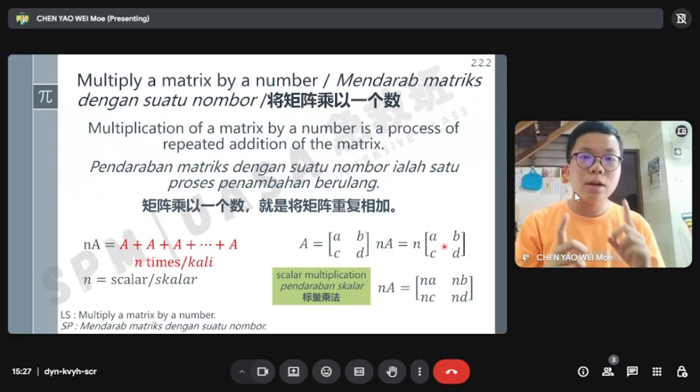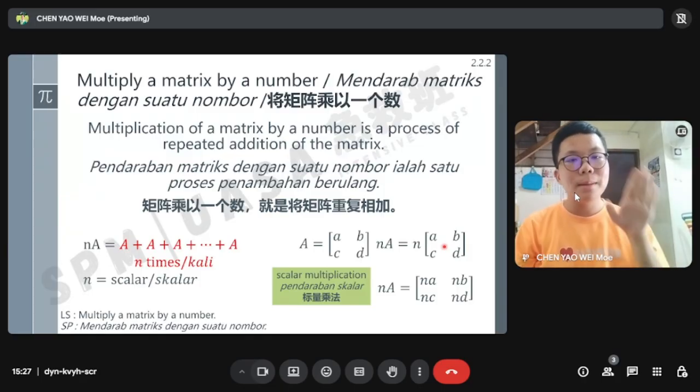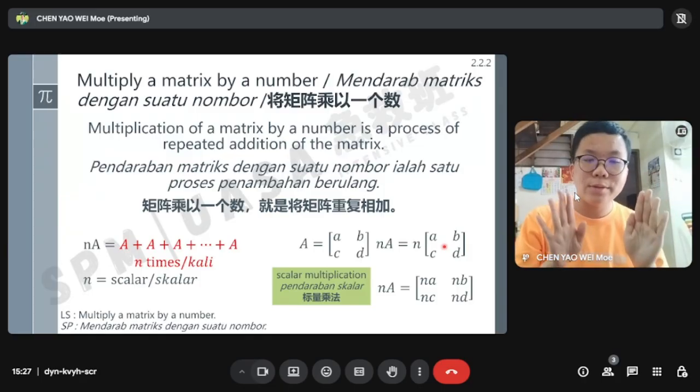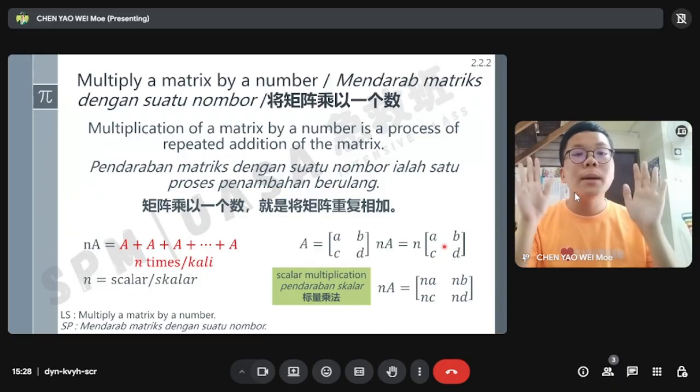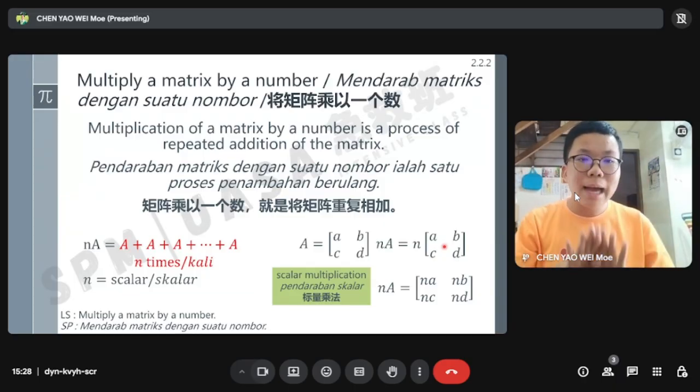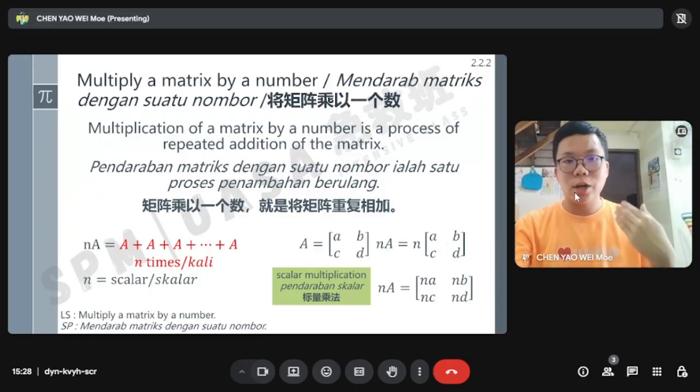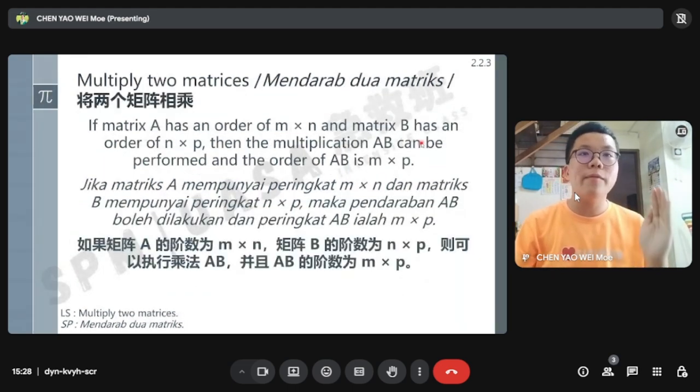Okay, and this is the first case. The first condition is one number times one matrix. If I want to multiply 2 matrices together, what is the condition? If the matrix has an order of m by n, and another matrix has an order of n by p, then these two can be multiplied together, giving the order m by p. How do we know this?